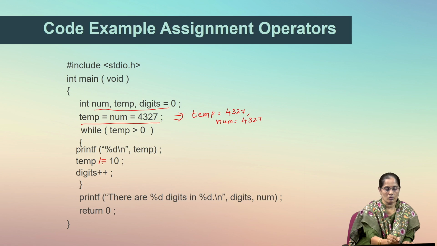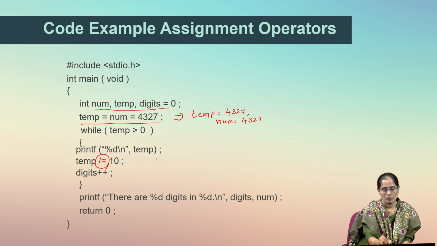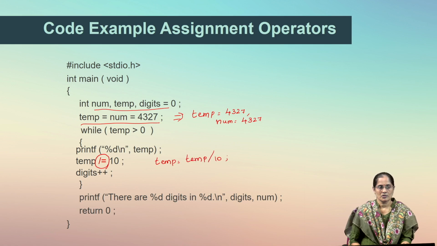Also, we are now applying a shorthand assignment operation here, temp slash equal to 10, which is nothing but temp equal to temp slash 10. So, this can be applied this way, and then we can go ahead with incrementing the value of digits. This is how the assignment operators can be used in a program.